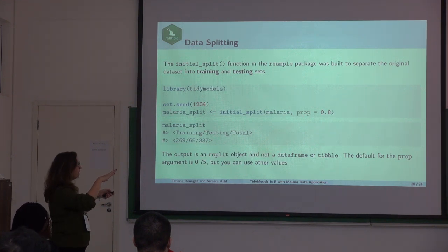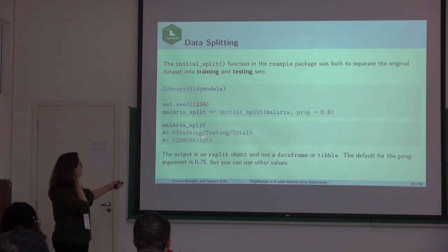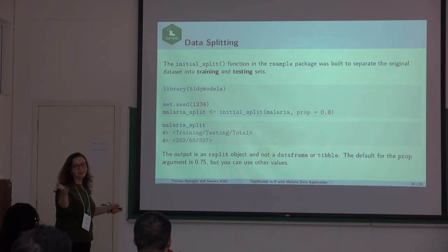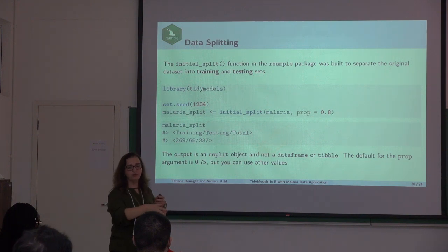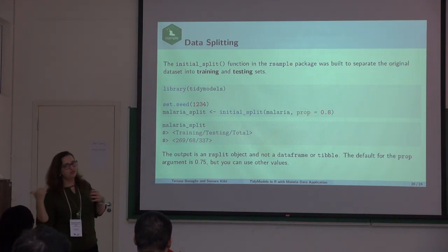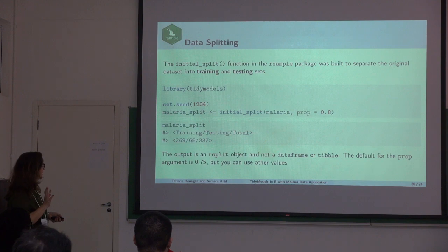Like the original data, total 337, 80% is going to the training set and 20% to the testing set. The default here is 75, but that's a question of what we use for the training set and leave for the test set.